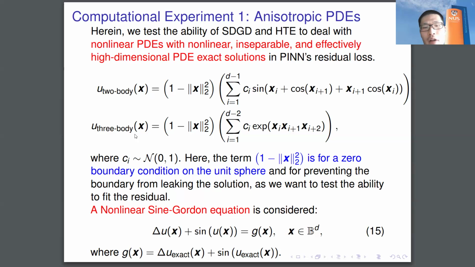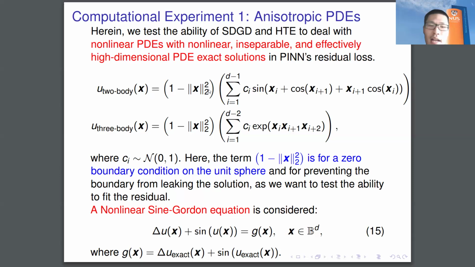Also, I will define the PDE problem on the unit ball. As you can see, the multiplier 1 minus the square of the norm of x is for a zero boundary condition. We don't want the boundary condition to affect our comparison, because SDGD and HTE are mainly randomly estimating the residual. We don't want the boundary to convey some wrong message.